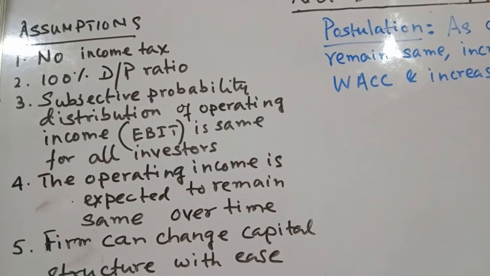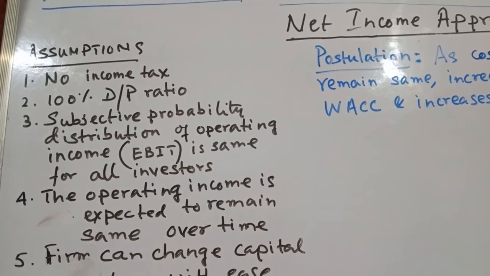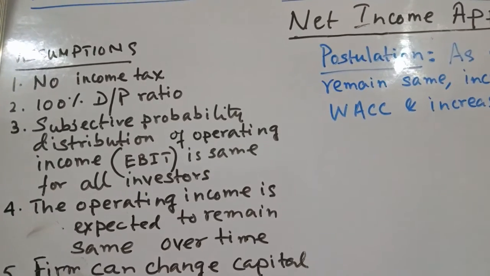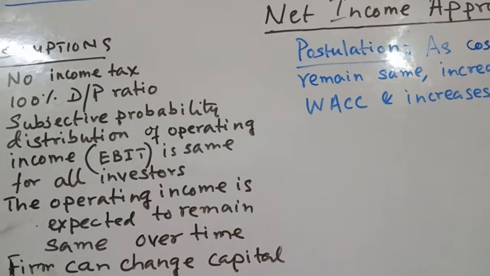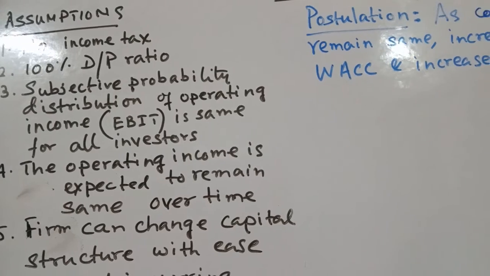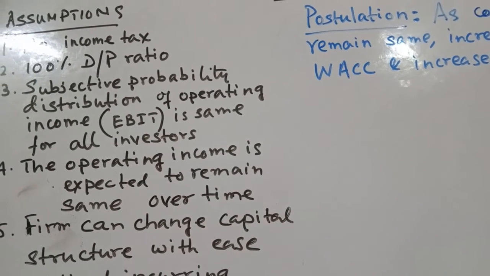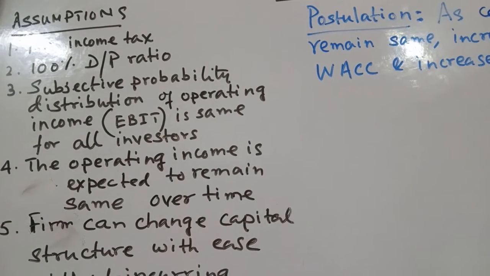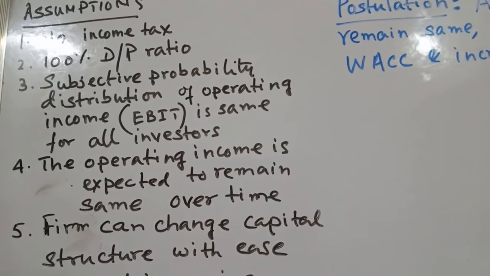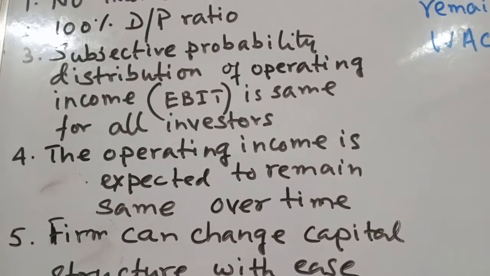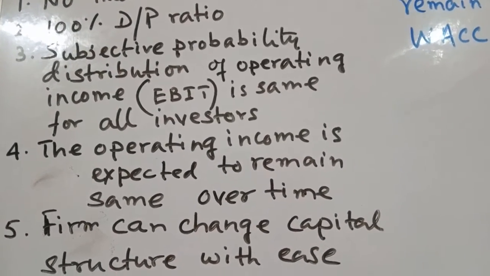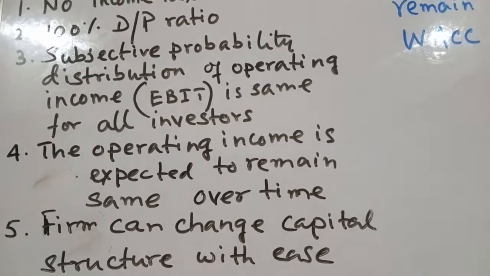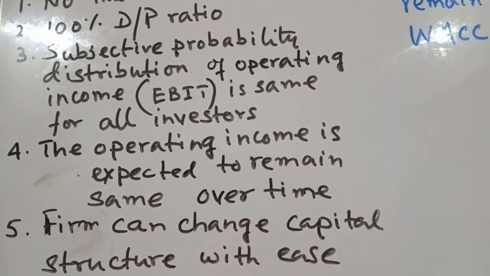And the subjective probability regarding the operating income is the same for all the investors. Number four, the operating income is expected to remain the same over time. That means the operating income is not expected to rise or fall during a certain time period.